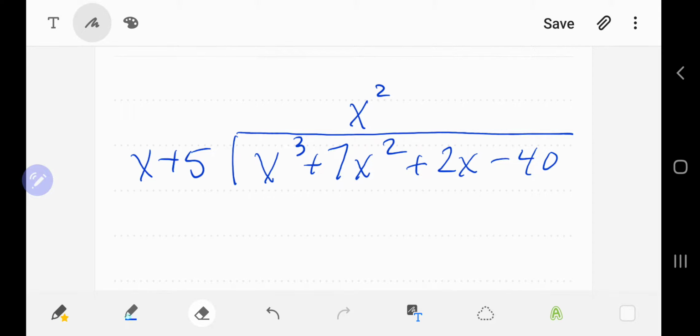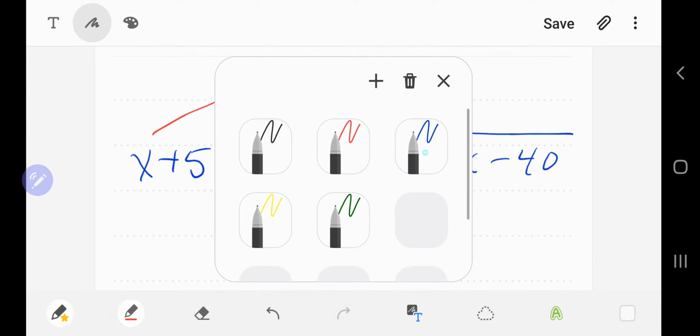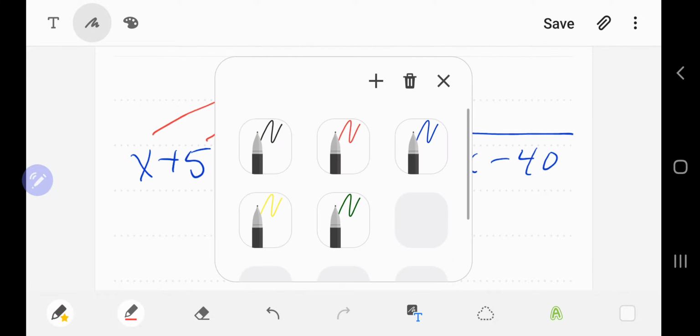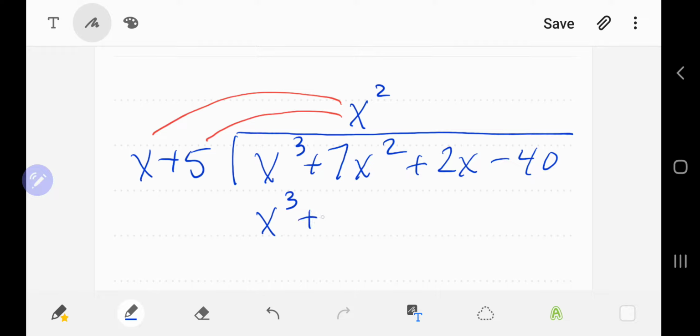And the next step says to take this x squared and distribute. We're going to distribute the x squared to both terms of the divisor. So x squared times x, that makes x to the third. And x squared times 5, that makes a plus 5x squared.